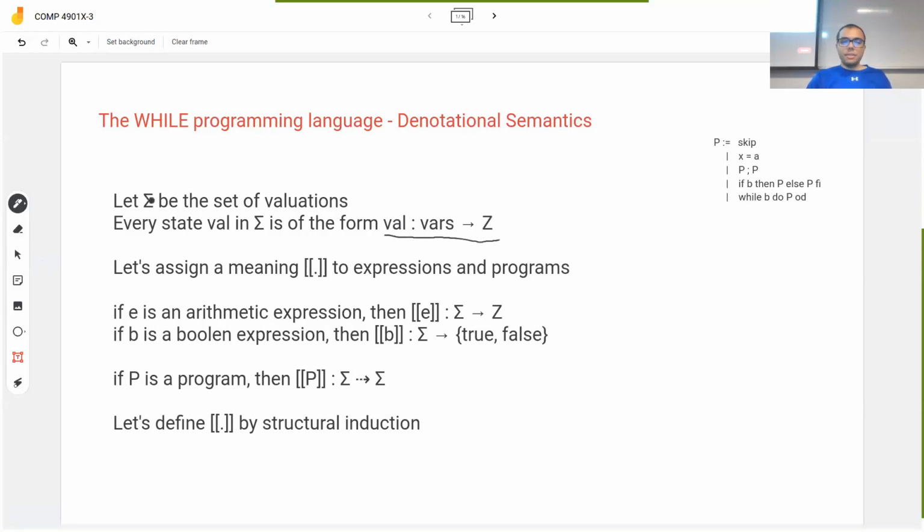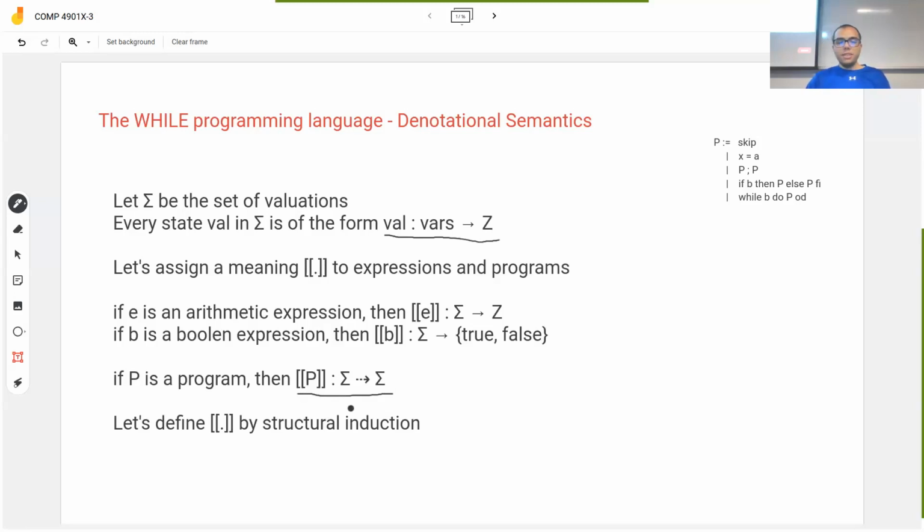And again, I use sigma to show the set of all states. So I want to give a meaning to every expression and every program. But the meaning of my program is going to look like this. This is the type of it. So first of all, I always use double brackets to denote semantics. So this is the semantics of P. This is the meaning of P.